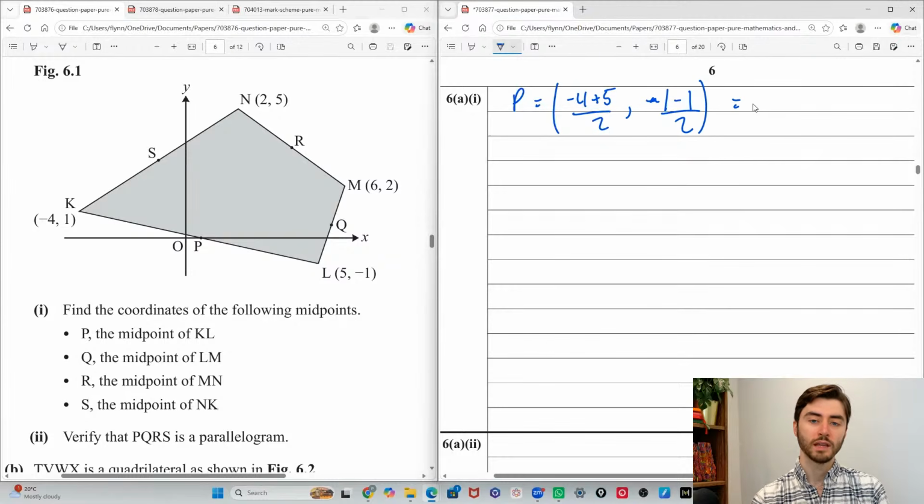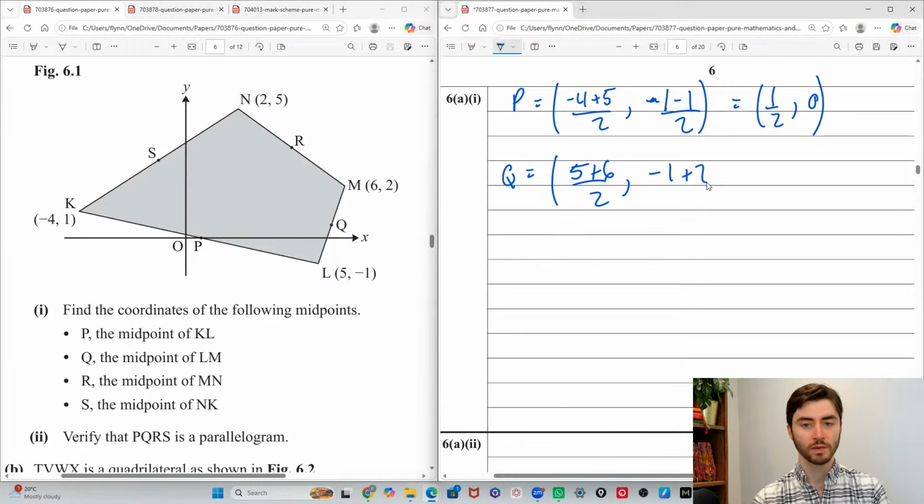So that is going to be equal to (1/2, 0). Q, actually go on, I'll just write the whole thing. Q is (5 plus 6) over 2, (minus 1 plus 2) over 2, which is going to be (11/2, 1/2).